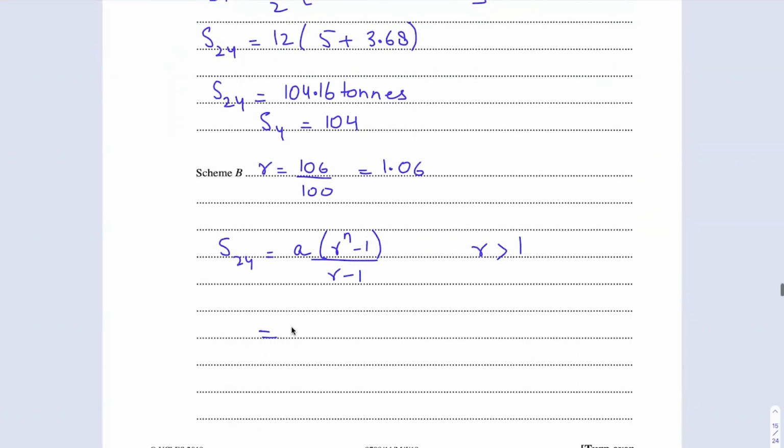The value of a is 2.5 and the common ratio is 1.06, to the power 24 minus 1, upon 1.06 minus 1. Substituting this in the calculator, we get the sum of 24 terms as 127 tons.